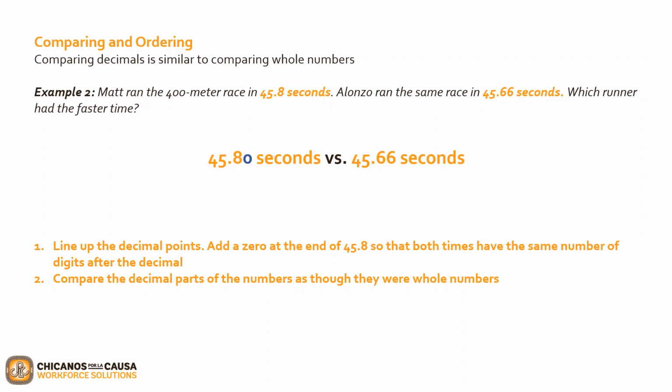Now, the reason that it would be 0.7 is because the digit after the first 6 is greater than 5. Therefore, 0.66 would automatically get rounded to 0.7. Now, this is smaller than 45.8. Therefore, that gives us a final answer that Alonzo had the fastest time.